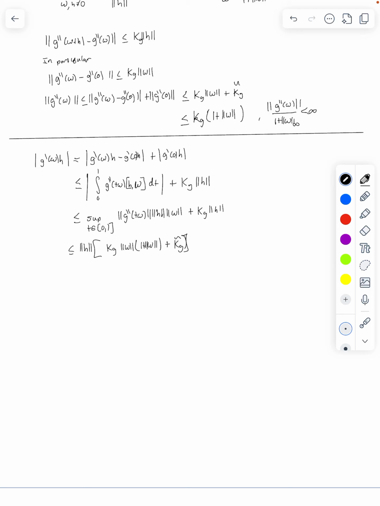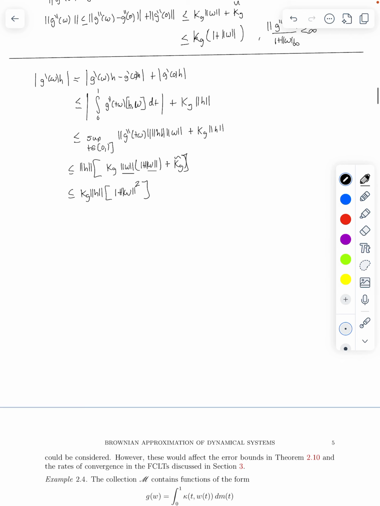Now, this has a term of W in it and another W in it. And so actually you can bound this whole thing by another constant, whatever it is, times 1 plus W squared.